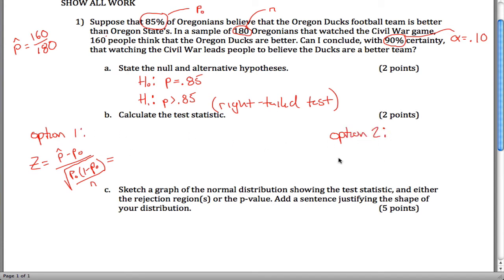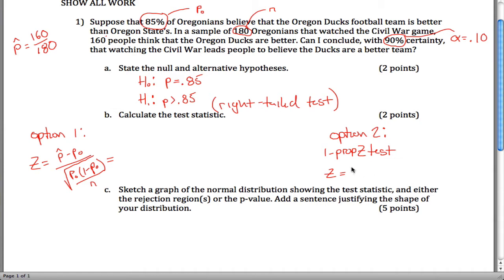Under your calculator, if you do 1 prop Z test, put in all the information.